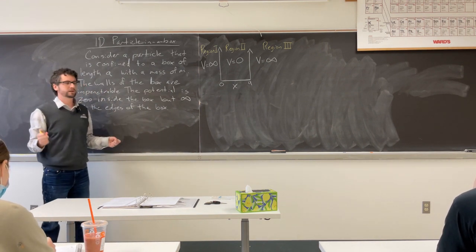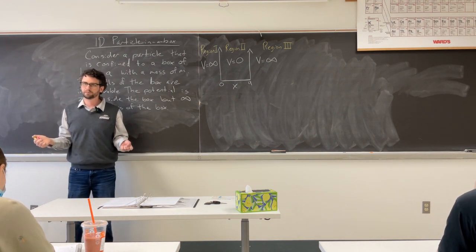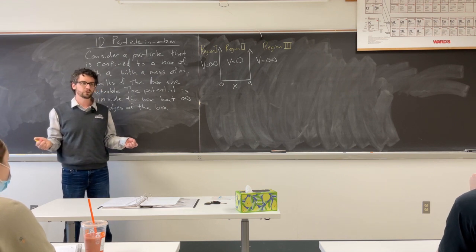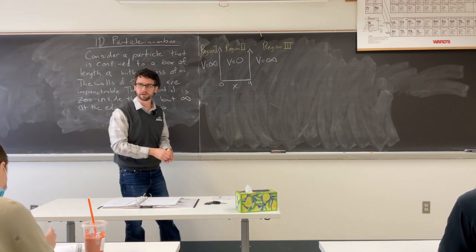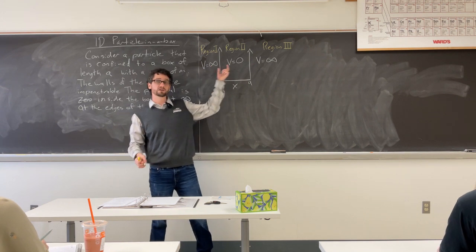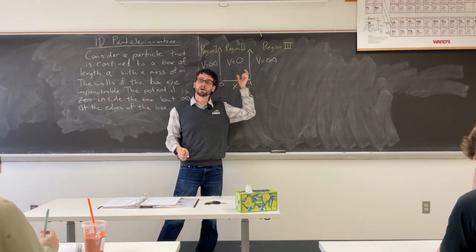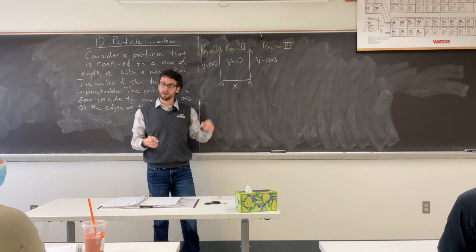Of these regions, where's the region we care about? Yeah, 2. We care about 2 because that's where the particle is going to be. However, these regions are also important when we start considering what that wave function looks like.